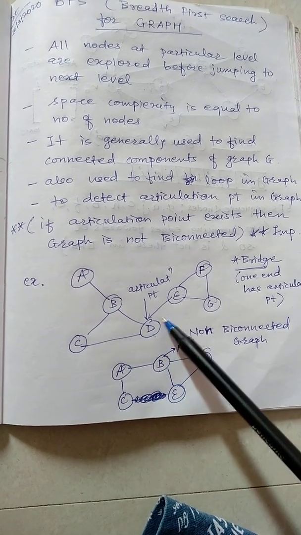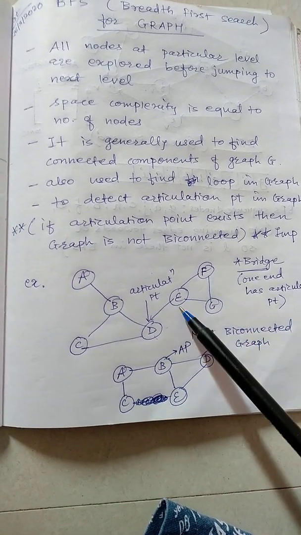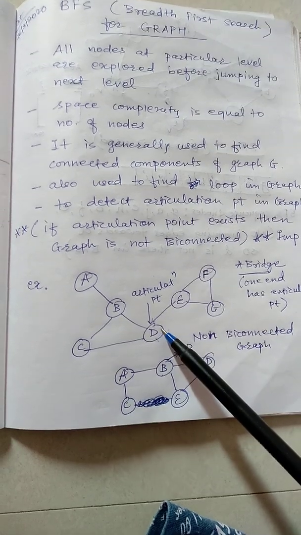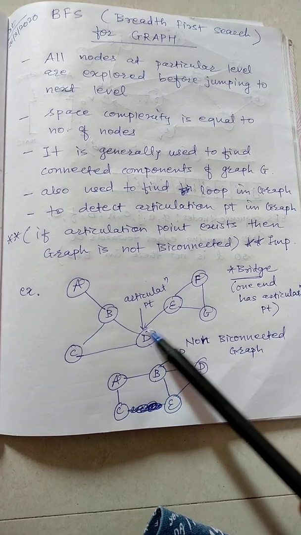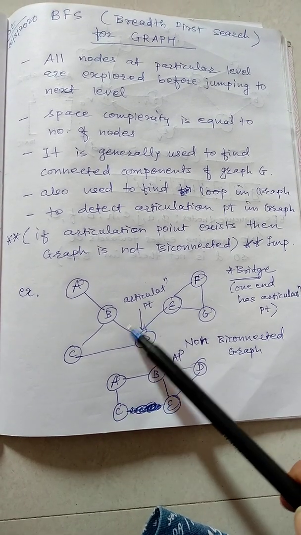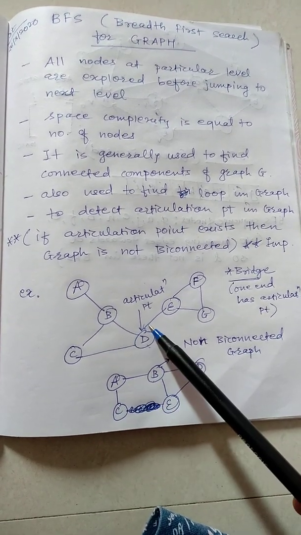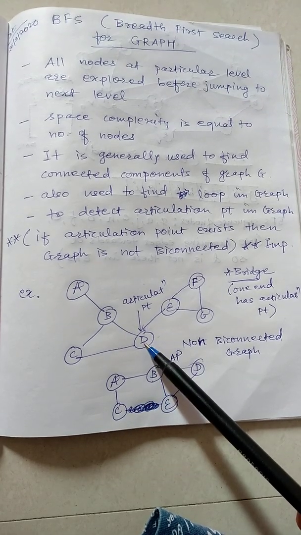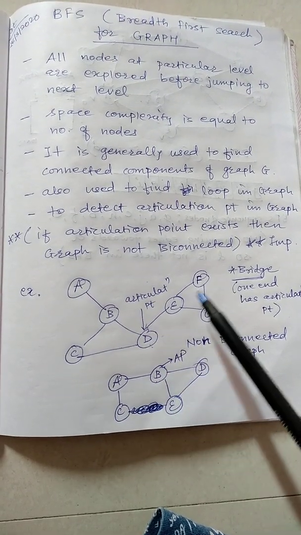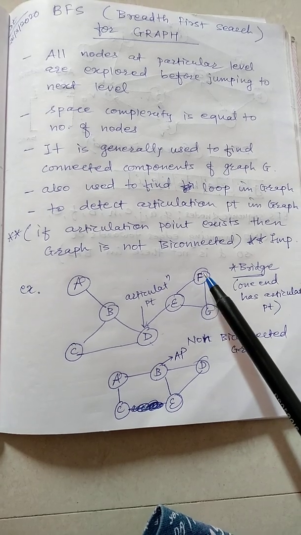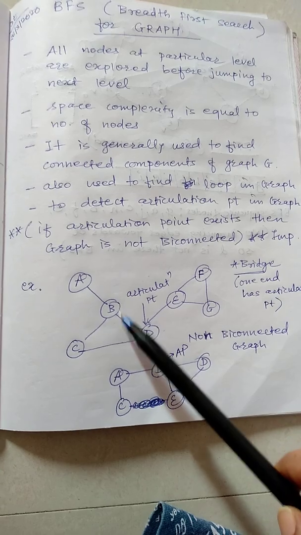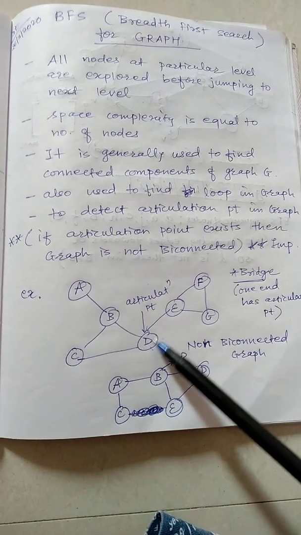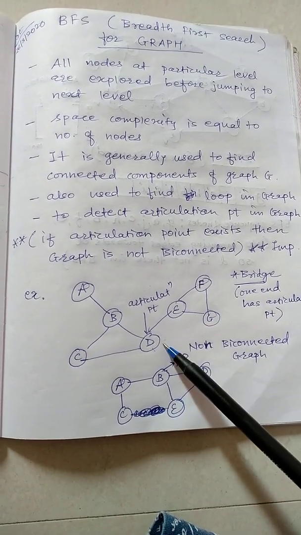If removal of D disconnects the graph into two connected components, then that node we call an articulation point. In this graph, if we remove D, we also remove these three edges. Removal of D results in two connected components. One connected component is F, E, G, and the second connected component is A, B, C. That's why D is called an articulation point.